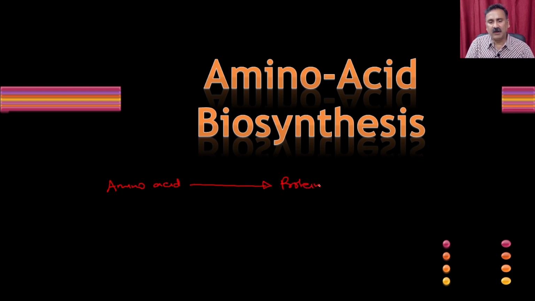If you recall, in a prokaryotic or eukaryotic system, from the DNA you produce the RNA, and the RNA transcripts are read by the ribosomes. When the ribosome reads the genetic code, it utilizes the amino acids corresponding to that code, and these amino acids are coupled with the help of the peptide bond.